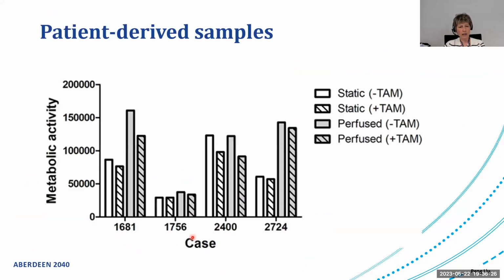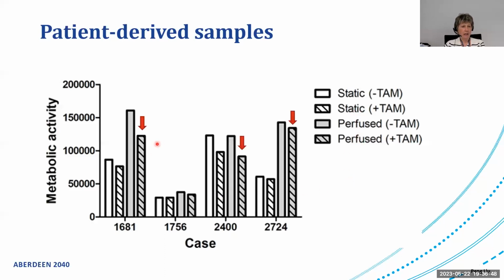So these are 4 cases of breast cancer. They're all ER-positive breast cancer. And we applied these to the Perfusion Pal platform and treated them with tamoxifen, either under static or under perfused conditions.